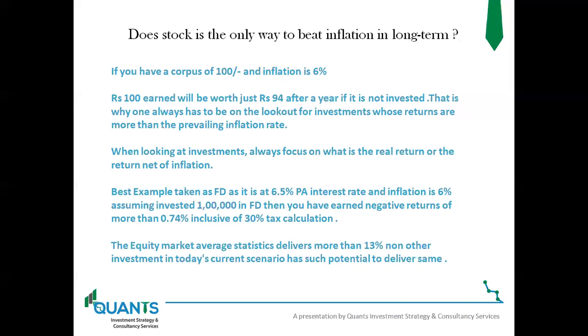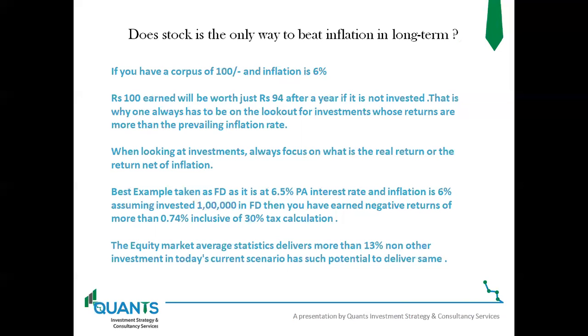Even if you're investing, it can still become a negative return. For example, you're investing in an FD. The FD current rate is 6.5% per annum, and inflation is 6%. Assuming you invested 1 lakh rupees in FD, you have earned negative returns of 0.74%, inclusive of 30% tax calculation. Sorry, I missed out the minus: minus 0.74%.